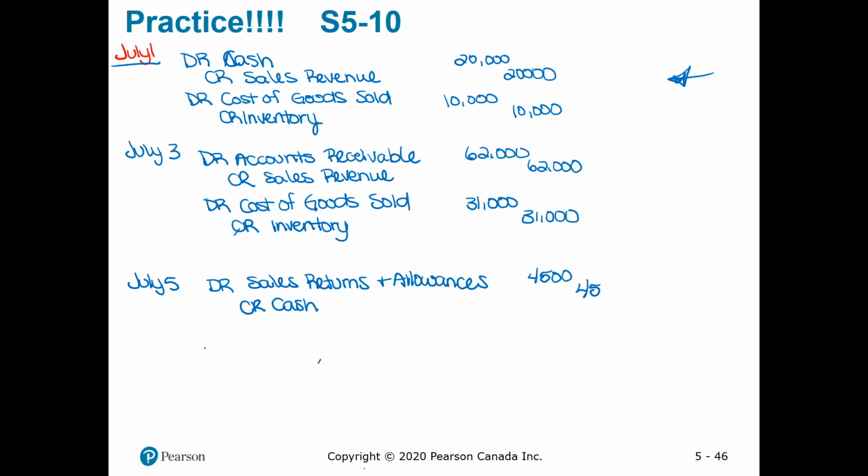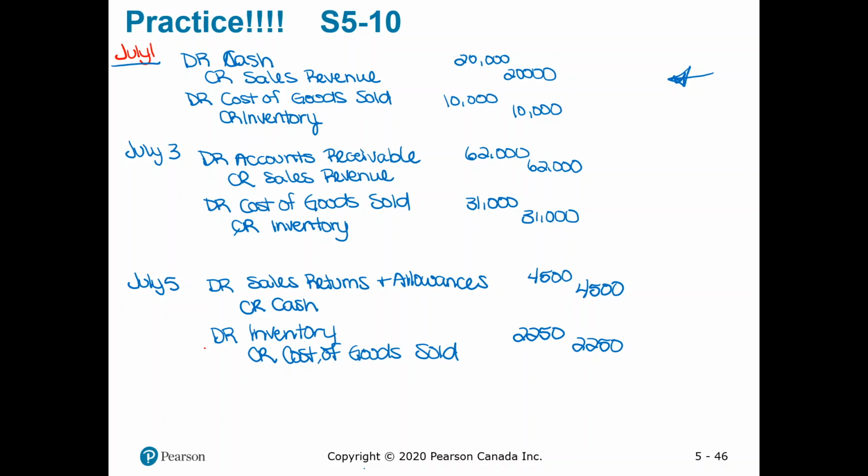This is for the $4,500. But since this customer is returning the goods, we're putting them back into inventory. So we also have the second part of the entry here. To debit inventory, credit cost of goods sold. These items are no longer sold, and the cost was $2,250. So that is the amount we put back into inventory.